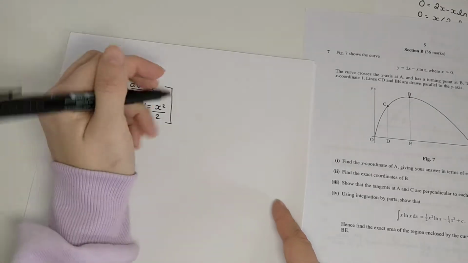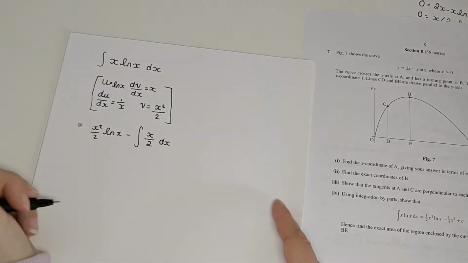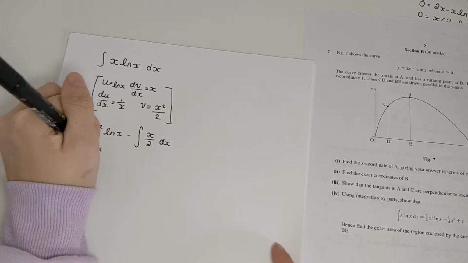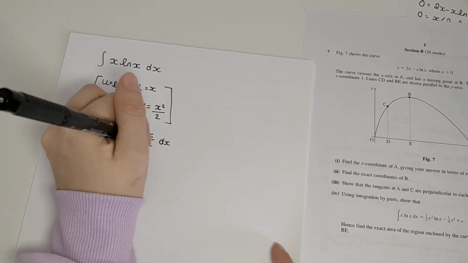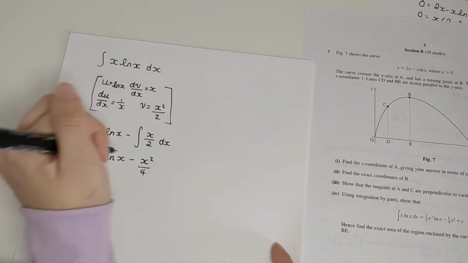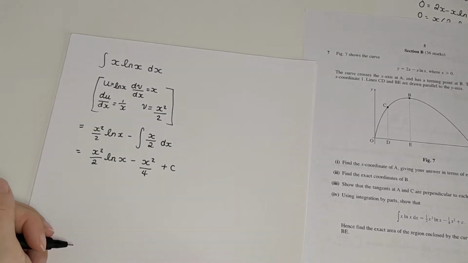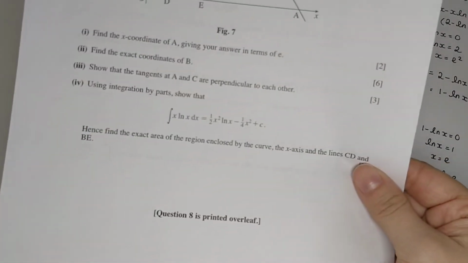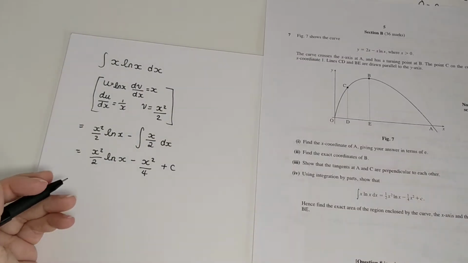That x is going to cancel, so it's just x over 2. Which is alright, because I know how to integrate that. I just need to raise the power and divide by the power. Stick a plus c on there. And that was the answer that they gave us. So that's fine.